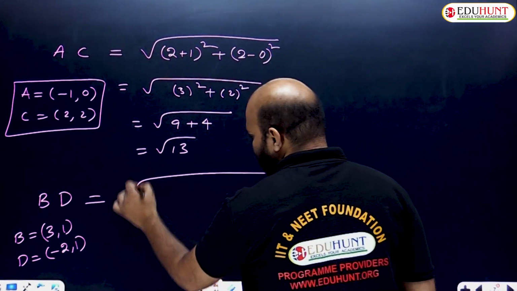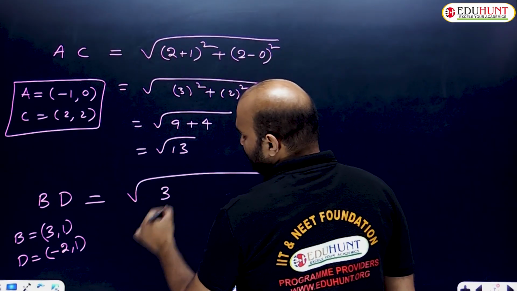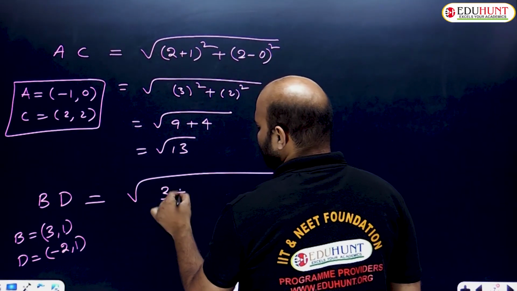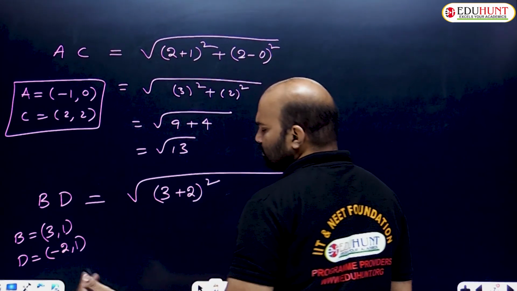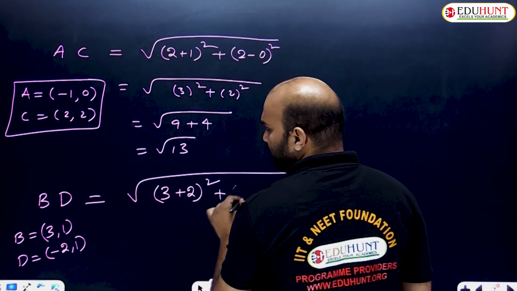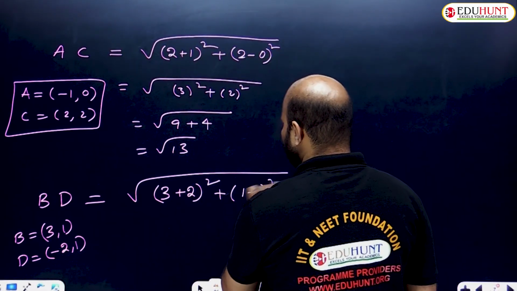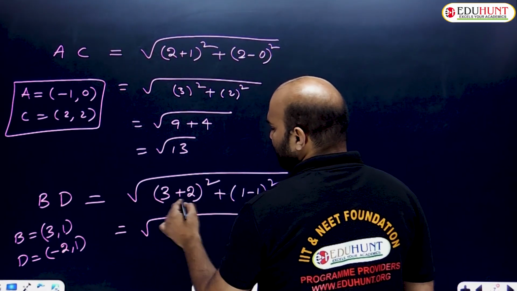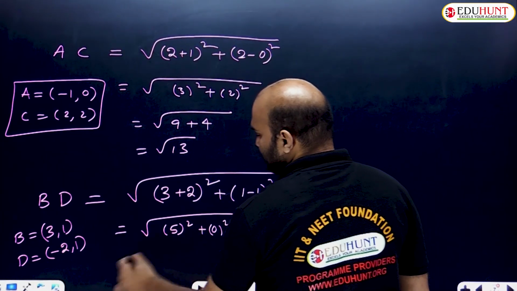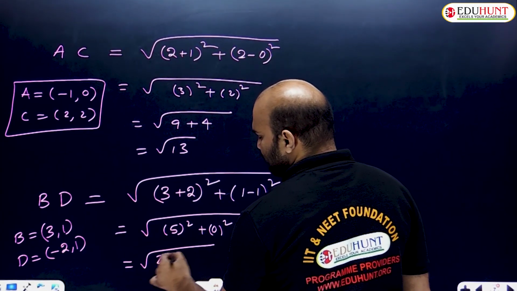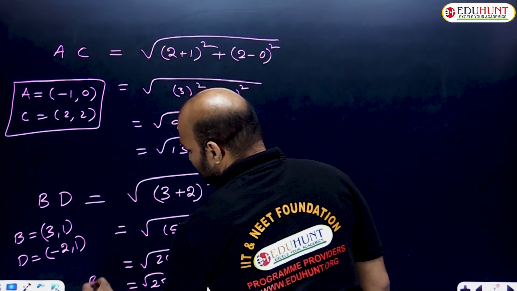Here 3 plus 2 is 5, squared, plus 1 minus 1 is 0, squared. So the square root of 5 squared, 25, plus 0 squared, 0. So that is the BD value, root 25.